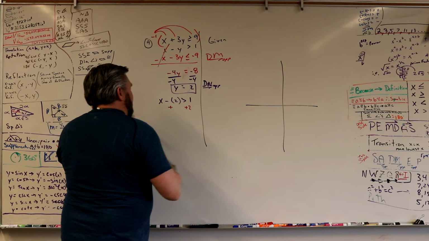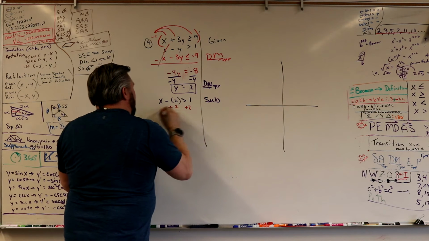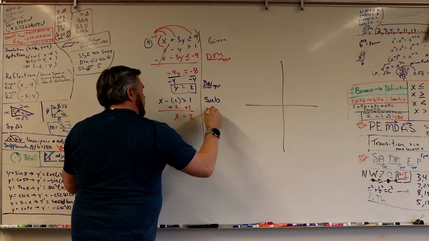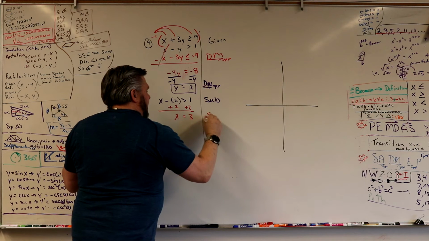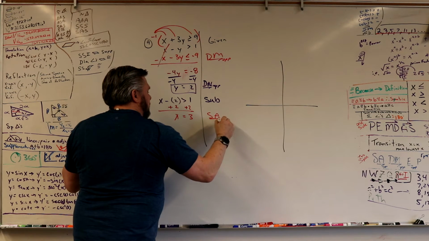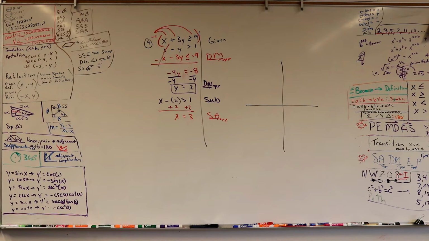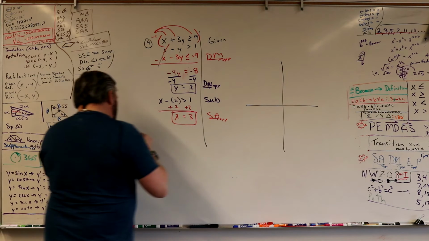Oh, by the way, that was substitution, right? And then we're going to add 2, so we get x is equal to 3. That's SA, right? Because we added on both sides. All right, so we know where the intersection is.